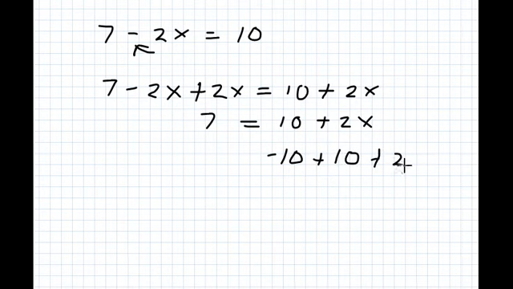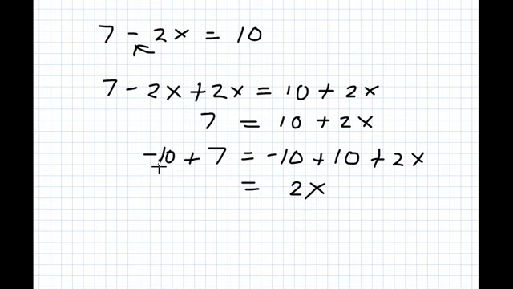So I'm going to assume that you haven't done this before. And a minus 10. So as you can see now we have a minus 10 and a plus 10, so that's 0. And so we're left with 2x. We have a negative 10 plus 7, and that's going to give us a negative 3.